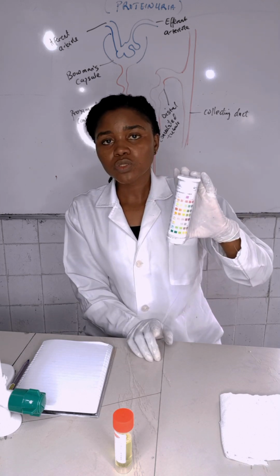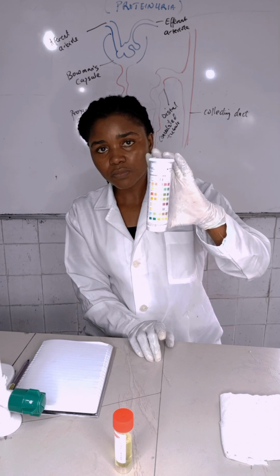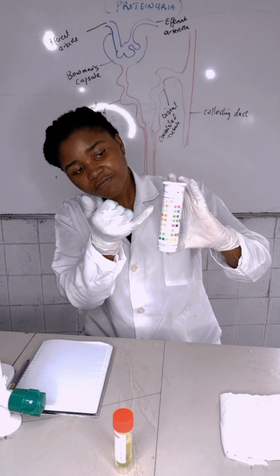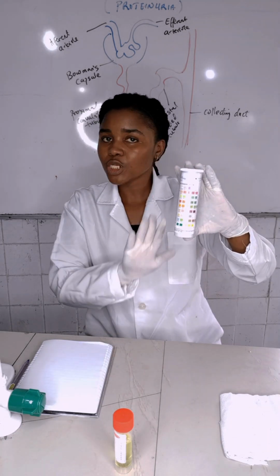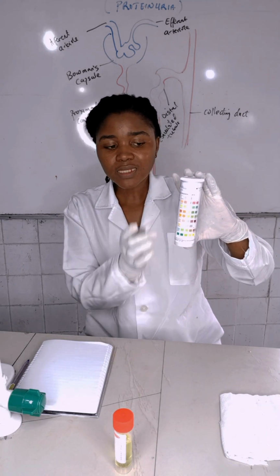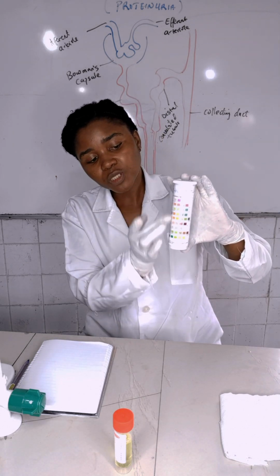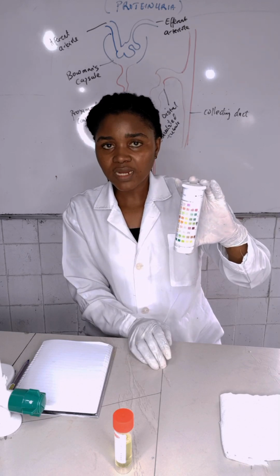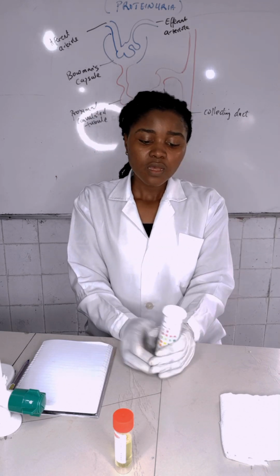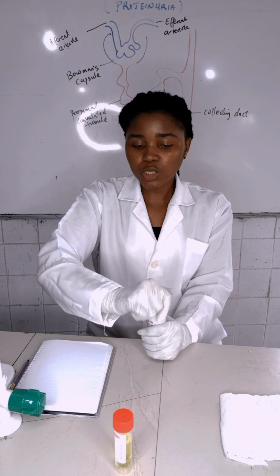One thing you need to take note of when you look at this particular urinalysis kit is that the very first line represents the normal. That is the color that the test strip comes with. Any deviation from this color shows the presence of the particular analyte. This strip comes with a tightly stoppered cover.